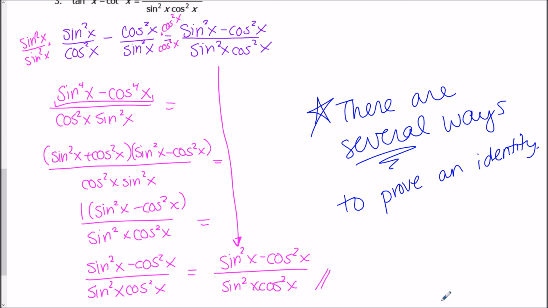And if you find a different way that you would prefer to use, totally fine. That's the beauty of this stuff, is that you can do this any way you want as long as you're following algebraic properties and you're not breaking any rules, and you get both sides to be the exact same thing. You'll prove it. So that's all that matters.